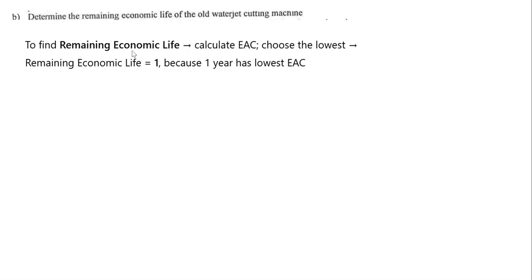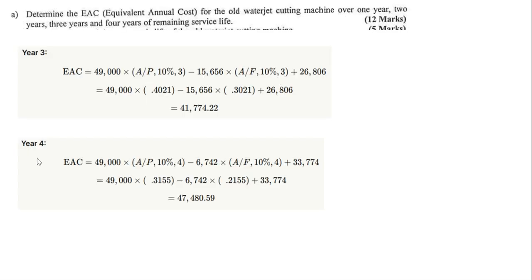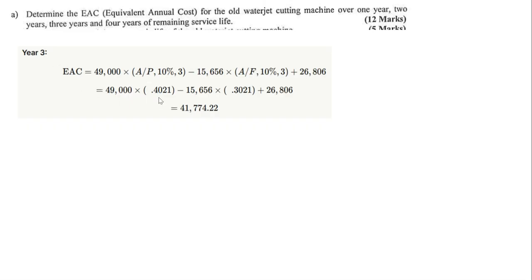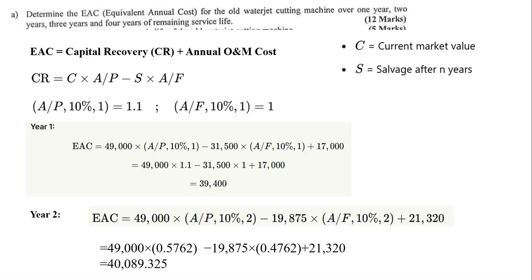To find the remaining economic life, we calculate EAC according to part A and choose the lowest one. So the remaining economic life would be 1, because year 1 has the lowest EAC. As you can see, year 4 is 47,000, year 3 is 41,000, year 2 is 40,000, and year 1 is 39,000.